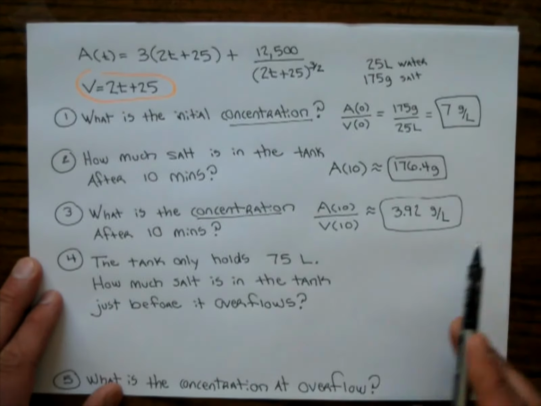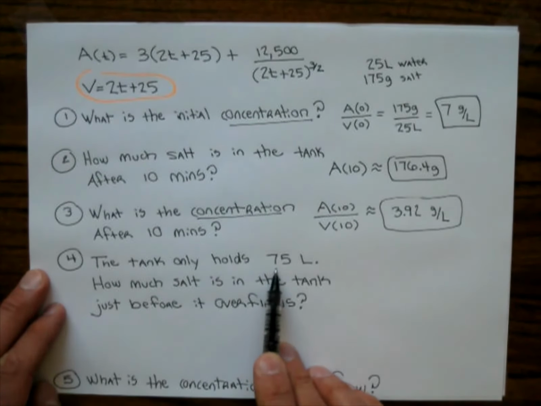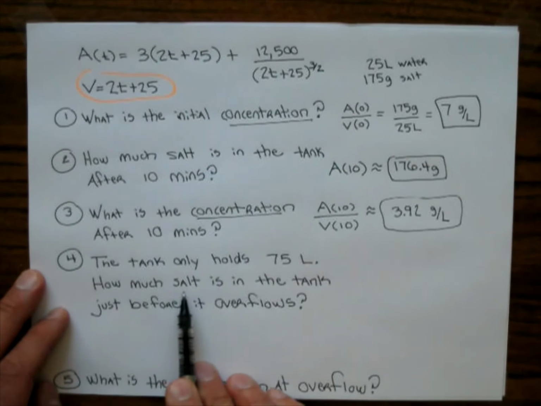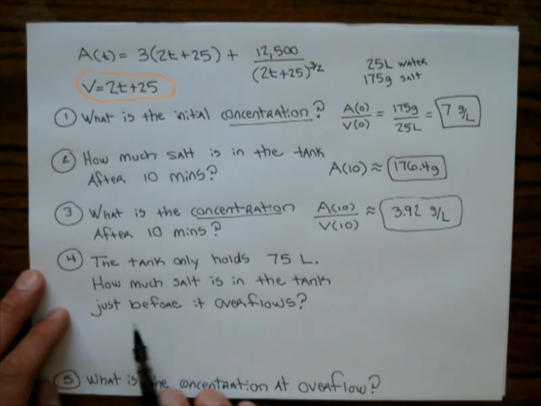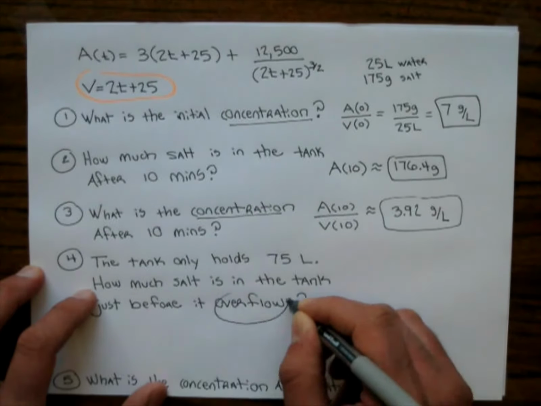Now here's the interesting part right here. The tank only holds 75 liters. We were never told that until now. How much salt is in the tank just before it overflows? And then it will ask, what is the concentration at overflow? So this scares us, overflow.